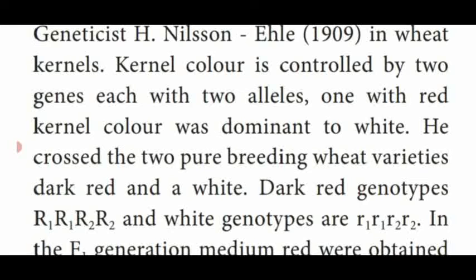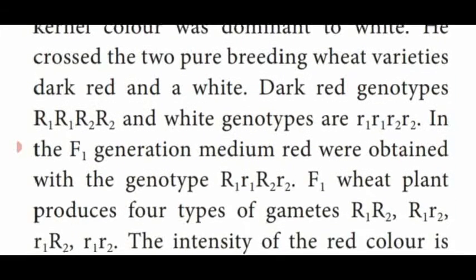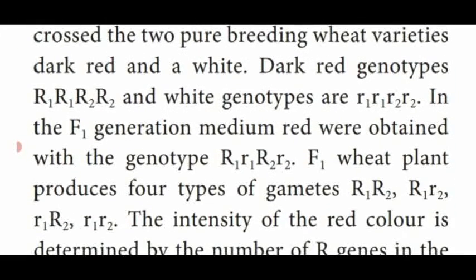So this was crossed with 2 pure breeding wheat varieties, that is dark red and white. The first parental plant has red kernel color, which is dominant to white. This is the general procedure. So the scientists crossed 2 pure breeding varieties. What is pure breeding?